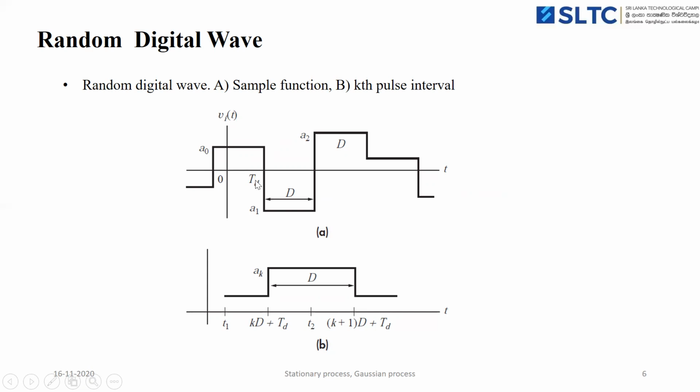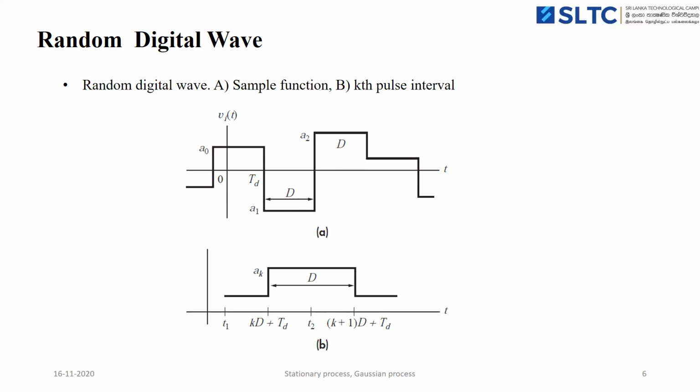This delay is modeled as a continuous random variable, and the amplitude of this rectangular pulse train is also random in nature. Here A_0 is one amplitude, A_1 is another amplitude, A_2 is another amplitude, and they are modeled as discrete random variables. So the rectangular pulse train has two random variables: one is the delay and the other is the amplitude.